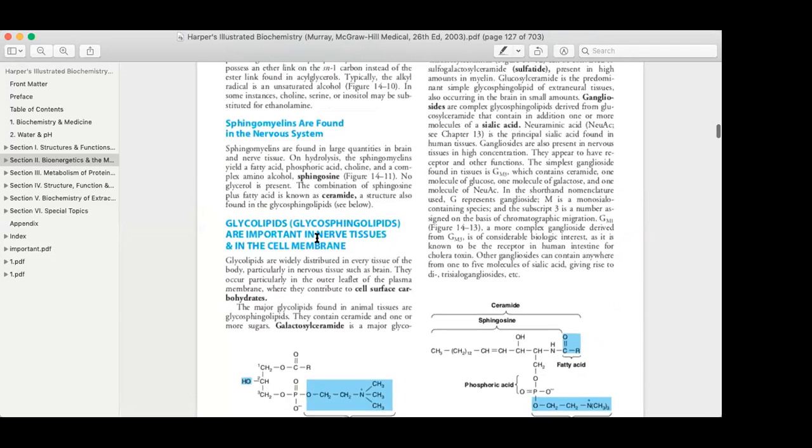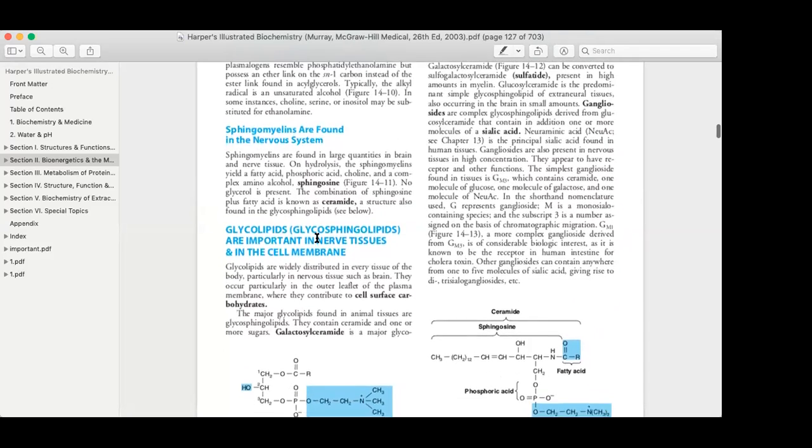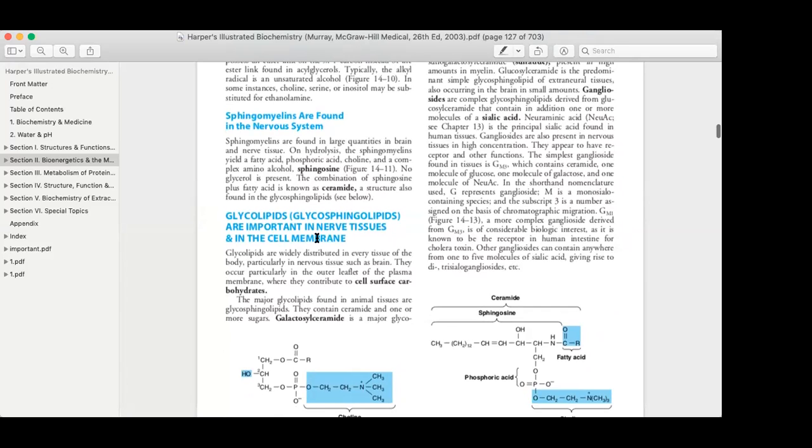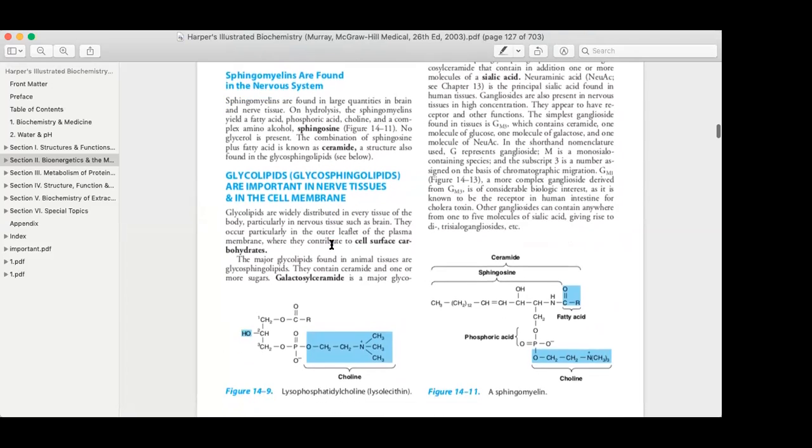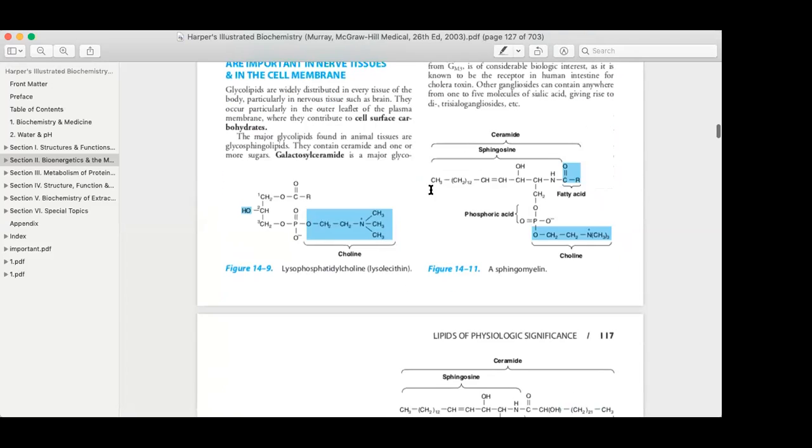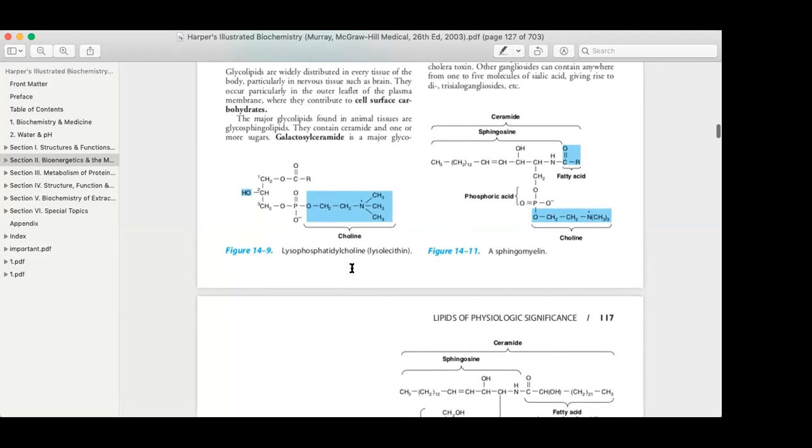These are all. I will send you this book in case of any difficulty. You can read this book. These figures we have discussed in the first lecture, that what is ceramide, what is sphingomyelin, basically it looks like, and what is lysolecithin.